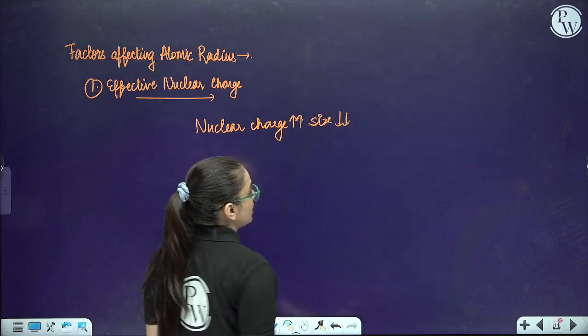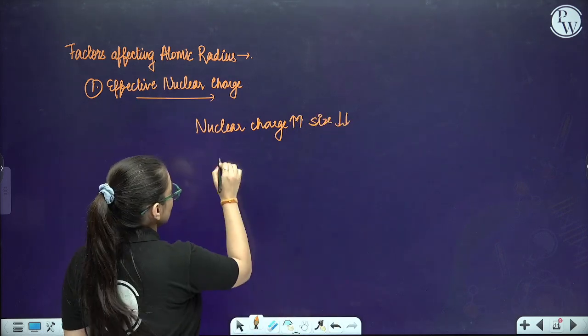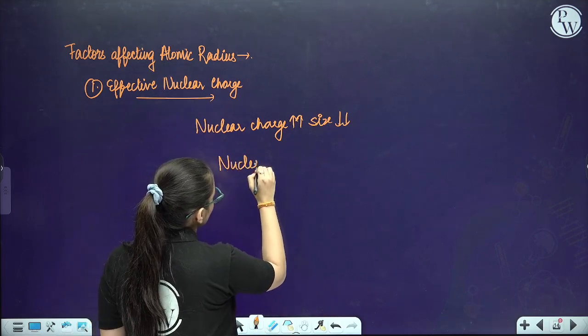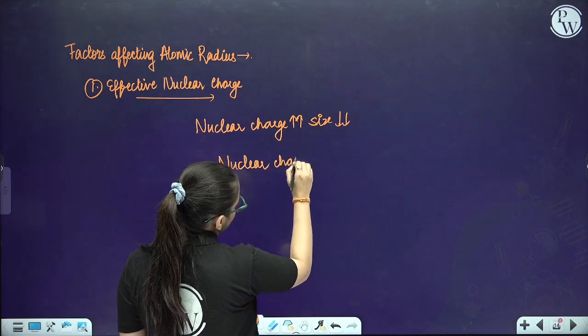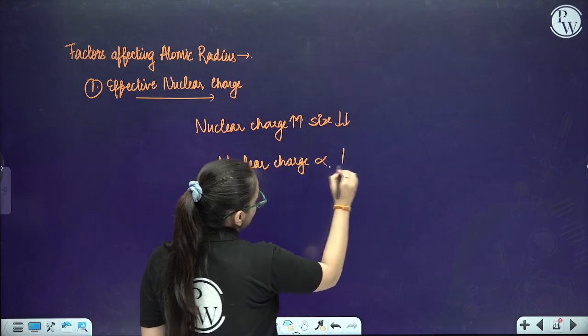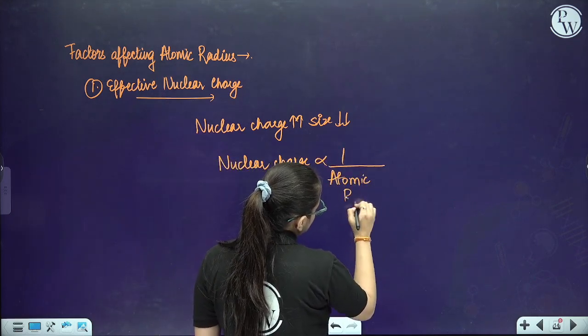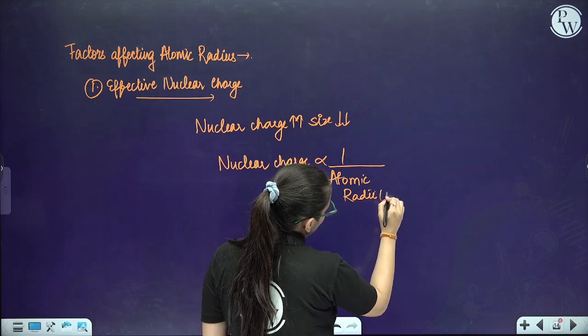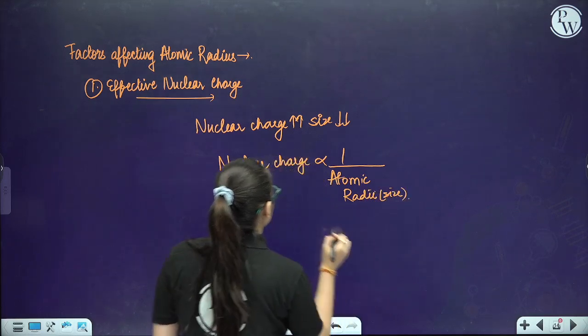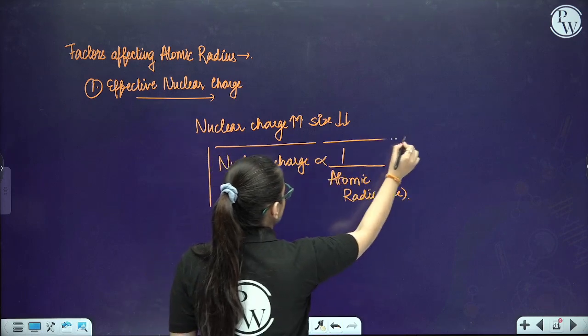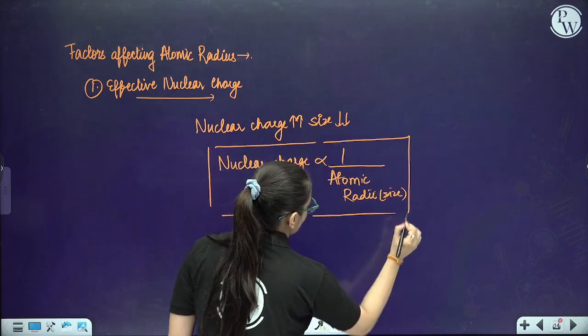Size is atomic radii. So what I can say is nuclear charge is inversely proportional to atomic radii, or in bracket, you can even write size. The very first factor that affects basically is going to be this one only.